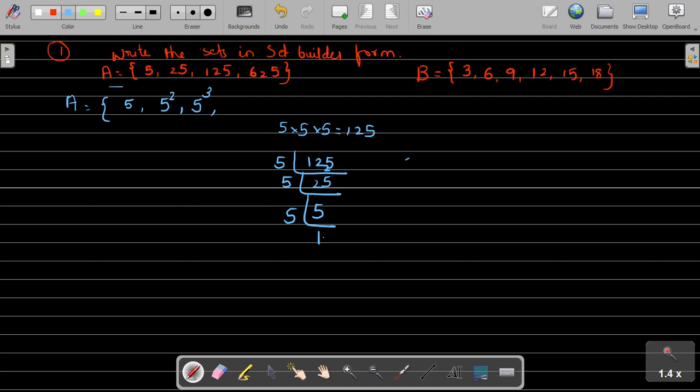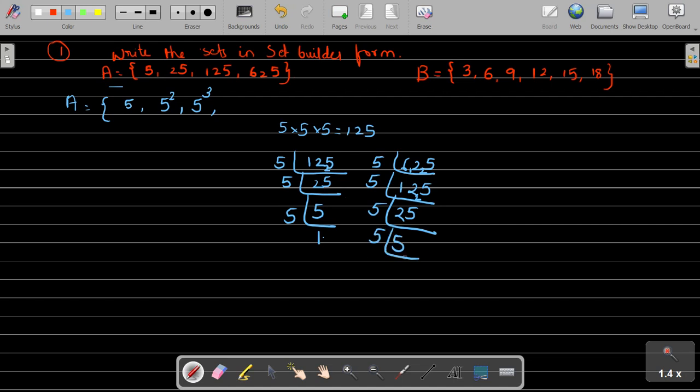Now let us try out 625 in a similar way. 5 ones are 5, 1 is left out, 5 twos are 10, again 2 is left over, so 2 and 5 together form 25. Now we know 5 fives are 25, then again 5 fives are 25.